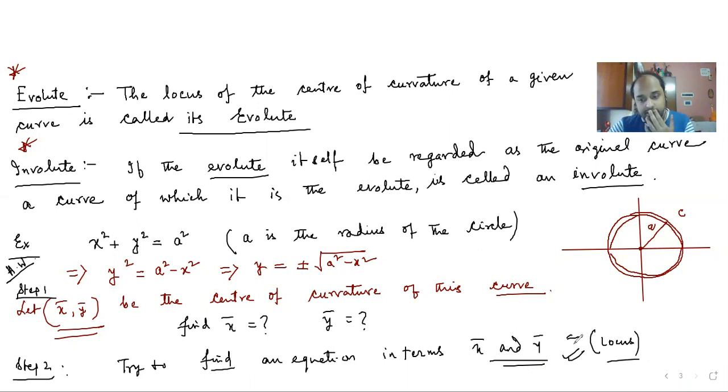That will be termed as the locus of the center of curvature. Now the point is, your conclusion will be that the locus will be known as the evolute. The equation which you will obtain will be called the evolute.